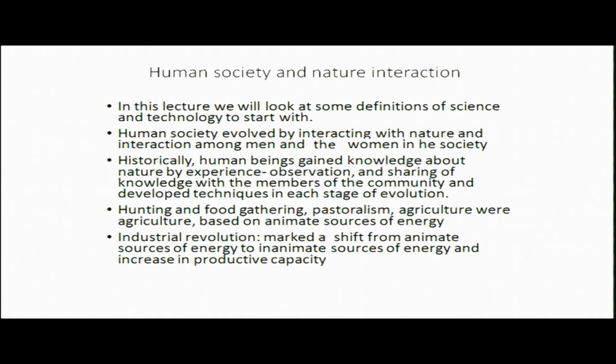Whereas in the case of industrial societies, the source of energy shifted from animate sources to inanimate sources such as coal and electricity. This is what marks the industrial revolution, because of the shift in the use of energy from animate to inanimate sources.